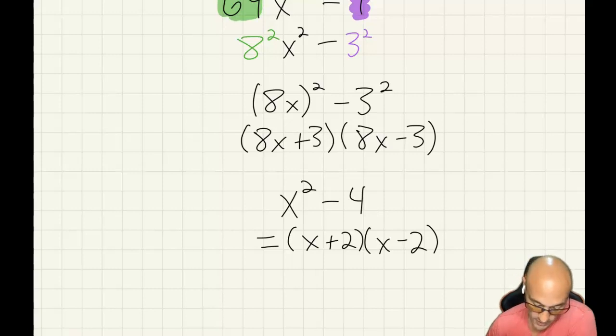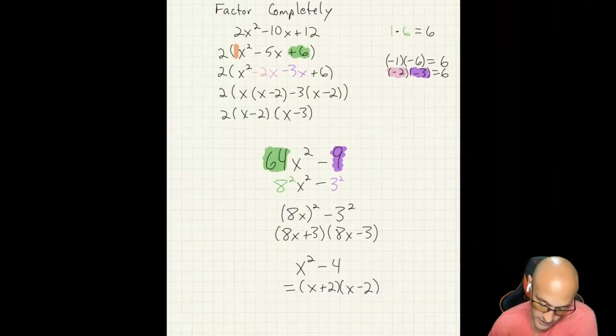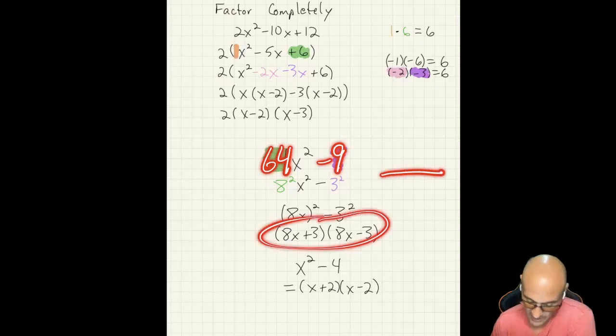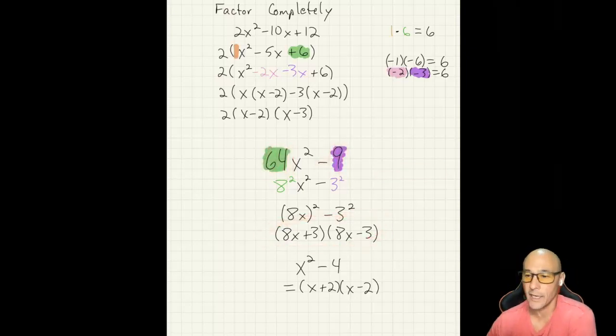Now, strictly speaking, you could use the same process we used up here, where you take the 64 and the negative 9 and multiply those together and get something, but it gets really complicated. So if you understand this pattern in difference of squares, it's much easier, much easier. Okay.